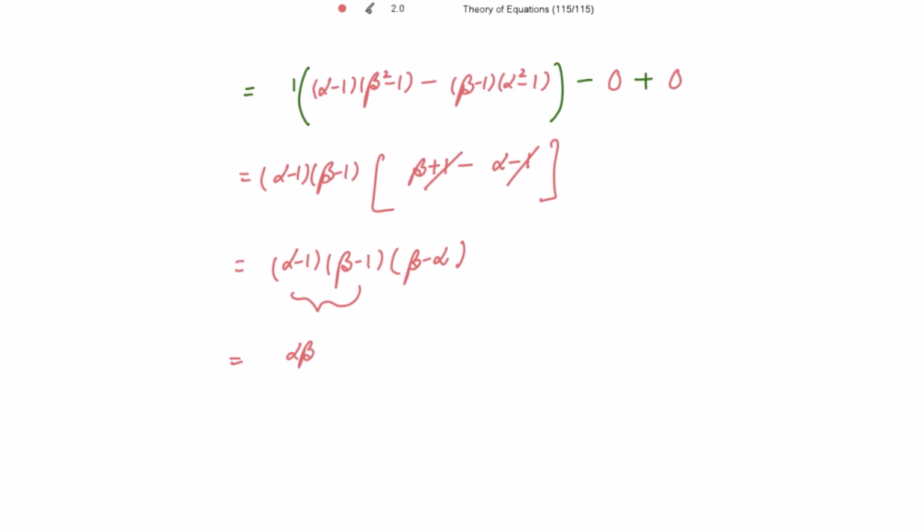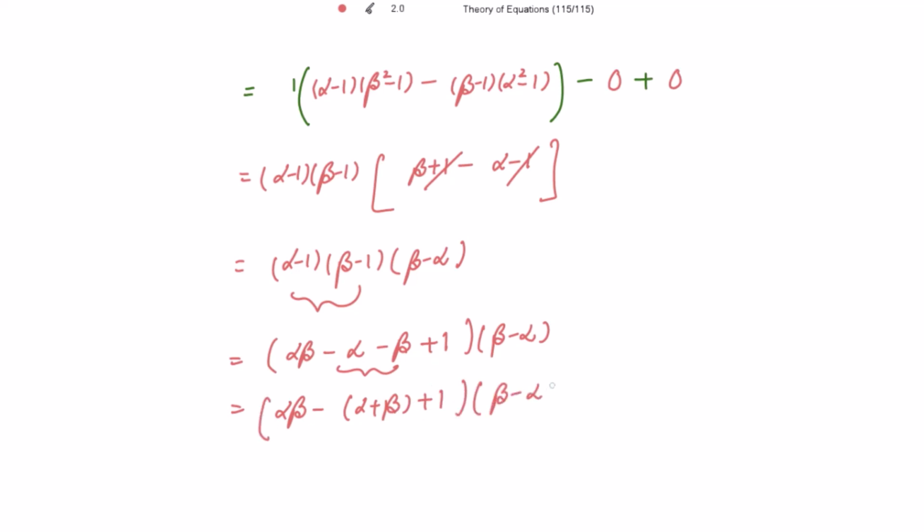This is alpha beta minus alpha minus beta plus 1. Why have I multiplied this? So that I can get the sum of the roots and the product of the roots. So this is your product of the roots, this is the negative of the sum of the roots, and this is plus 1.